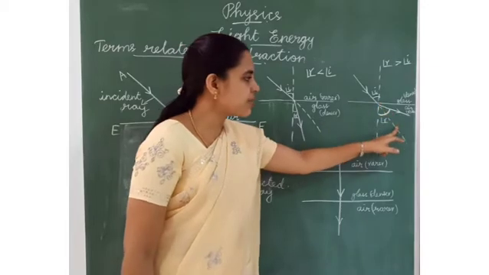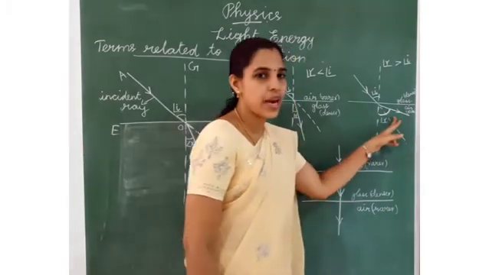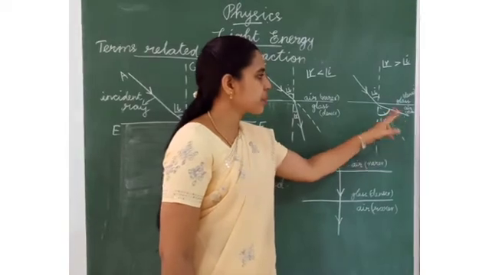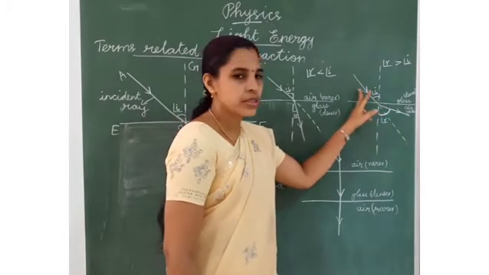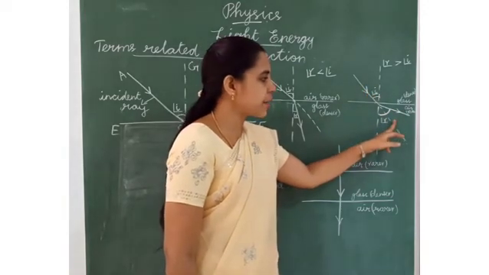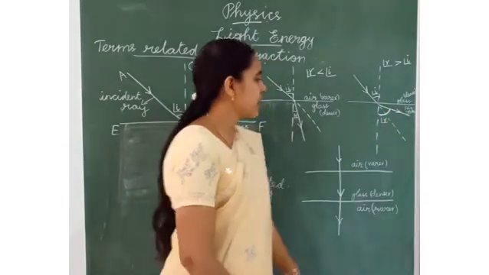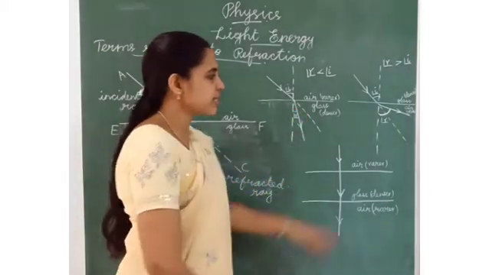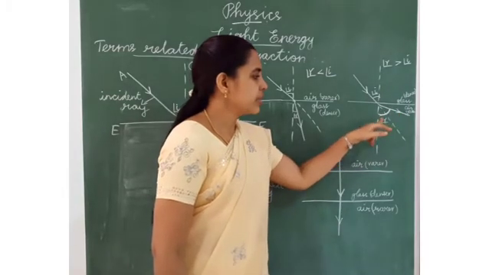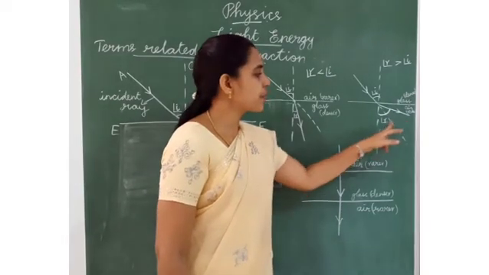It falls on the second medium, but the ray of light bends far away from the normal. The ray of light from the denser medium to the rarer medium bends far away from the normal. Here the angle of refraction is more, so the refracted ray bends far away from the normal.